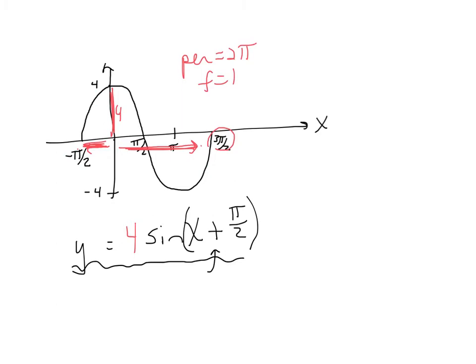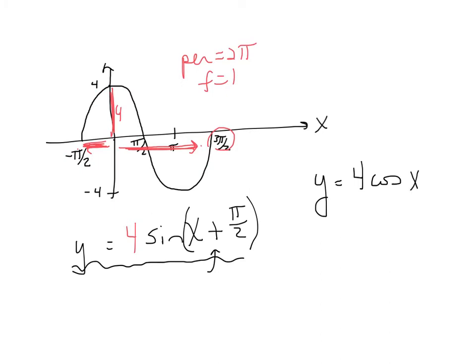If I wanted to write this as a cosine function, here's the thing. The amplitude stays the same. The function is going to be different. The frequency and period are still the same. But here's what I want you to realize.